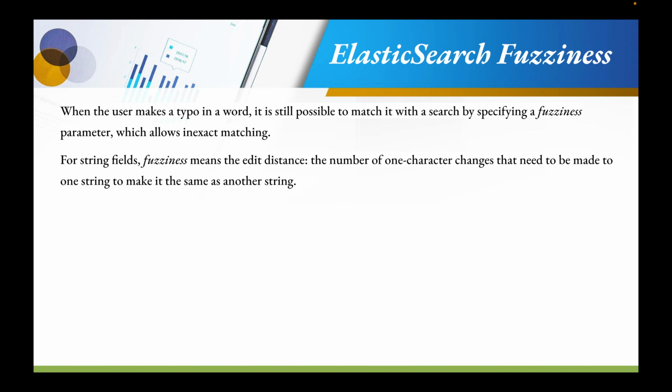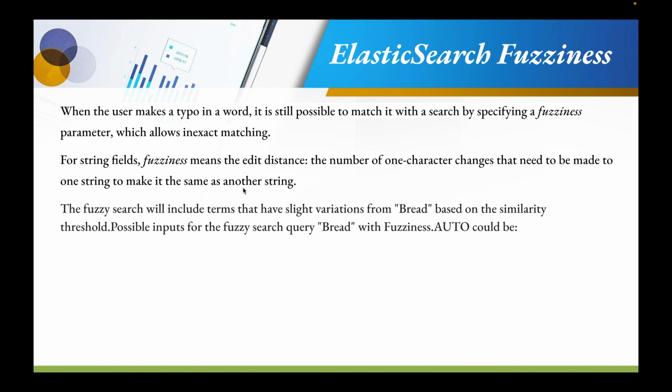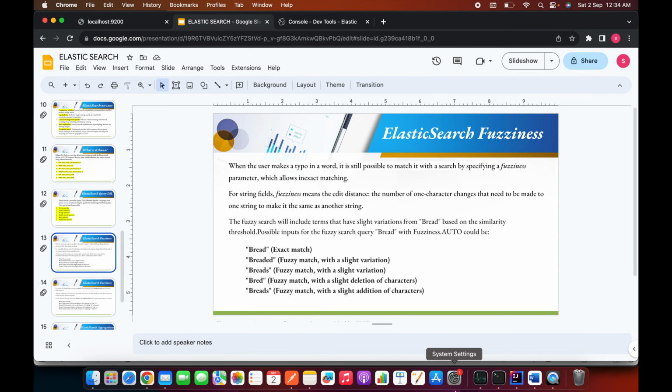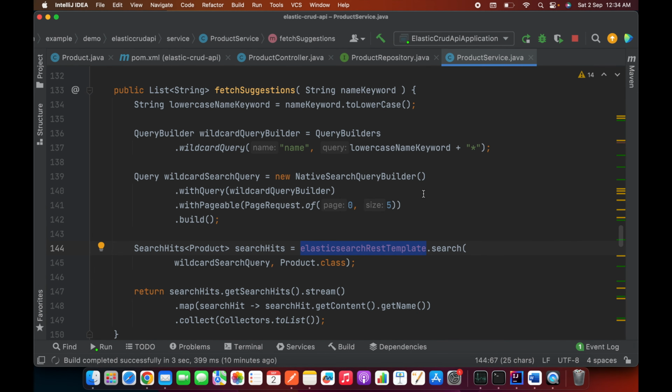For string fields, fuzziness means the edit distance, the number of one-character changes that need to be made to one string to make it match the other. Leave it, I will explain. The fuzzy search will include the terms that have a slight variation from bread based on the similarity threshold. Let me open my code for fuzziness.